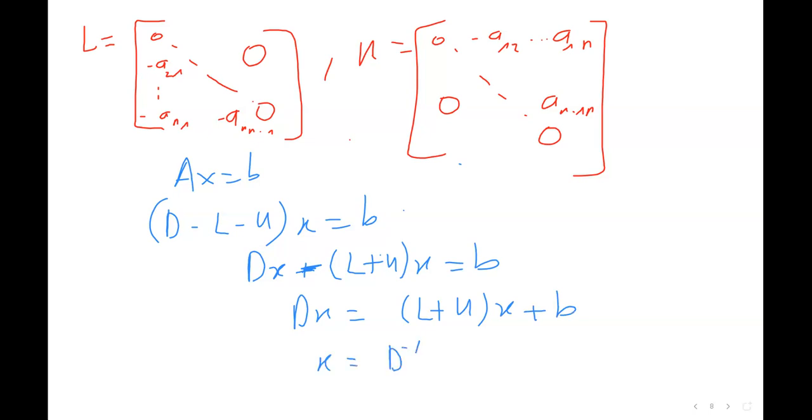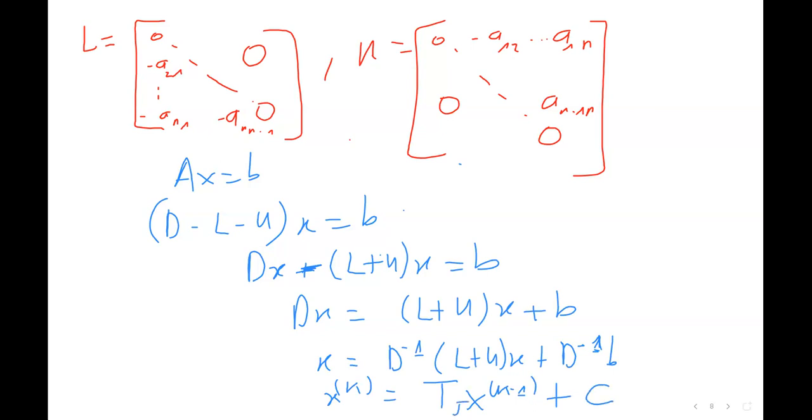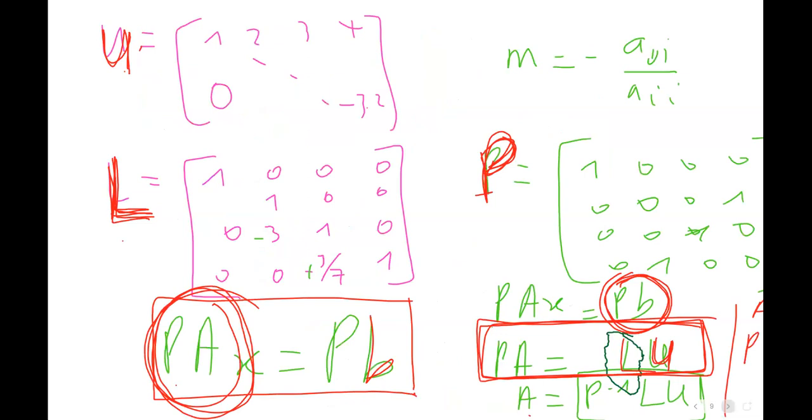Now take your inverse. Then this gives you x^k equals Tj x^(k minus 1) plus Cj, where Tj is equal to D inverse (L plus U), and Cj is equal to D inverse b.